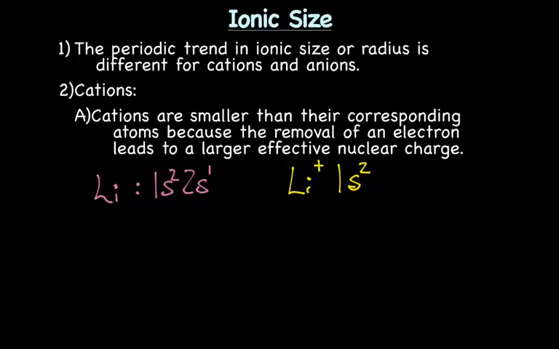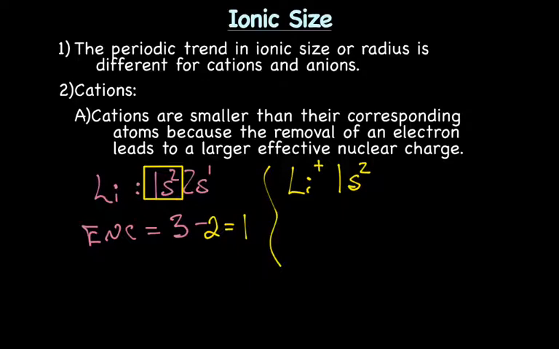Now if we were to look at the effective nuclear charge of lithium, the nuclear charge is 3, right? 3 protons minus the core or inner electrons, which is 2, gives us an effective nuclear charge of 1. How about for lithium ion?